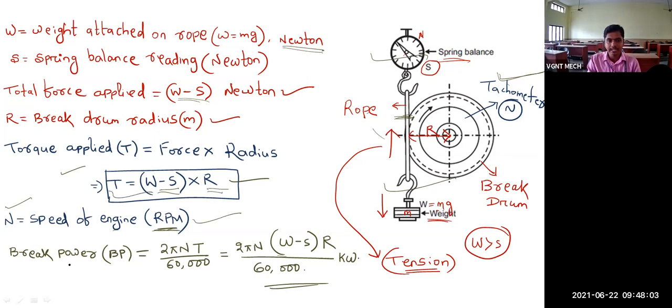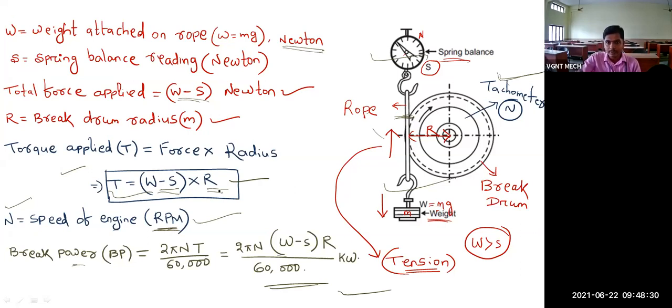So the brake power formula is 2 pi N T divided by 60,000. So 2 pi N will remain the same, and what is this capital T? In place of capital T, we will write W minus S into R. So in place of capital T, I have written W minus S into R, divided by 60,000, in kilowatt. Do up to this, you will get full 5 marks.